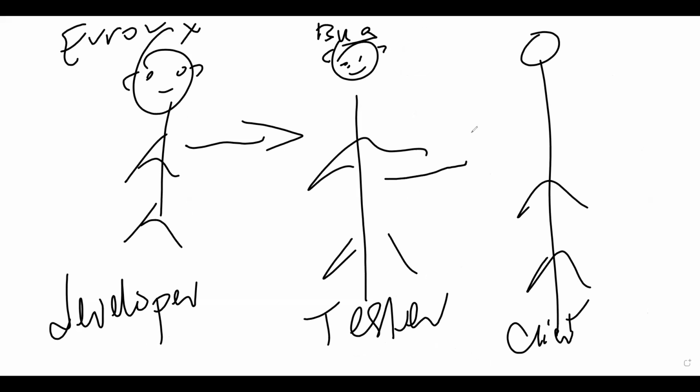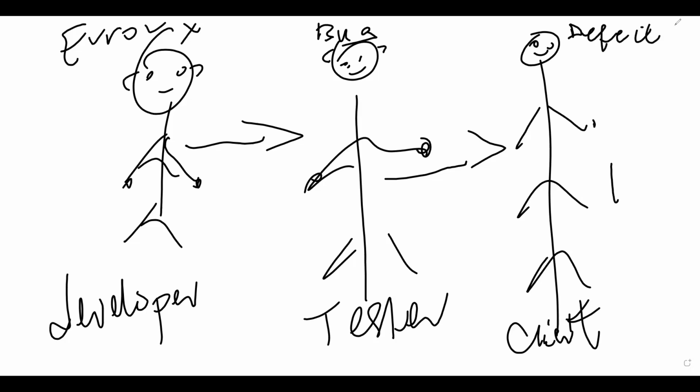You didn't catch it on your end, it leaves your own domain, then goes to the client, the end users, the people that are using the phone or using their applications. It turns out to be a defect. So it all depends on which scenario it happens in.